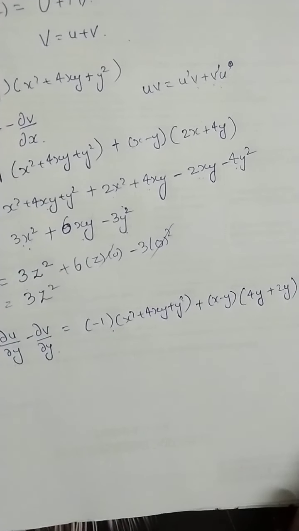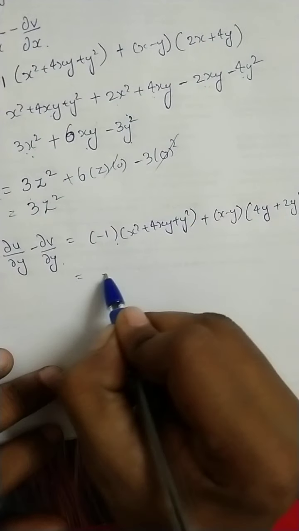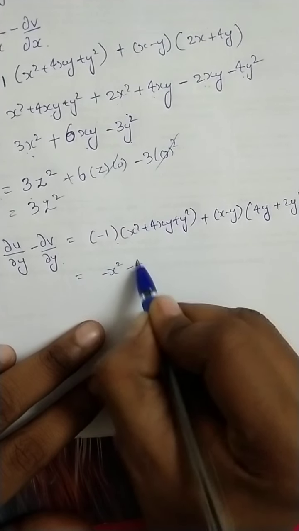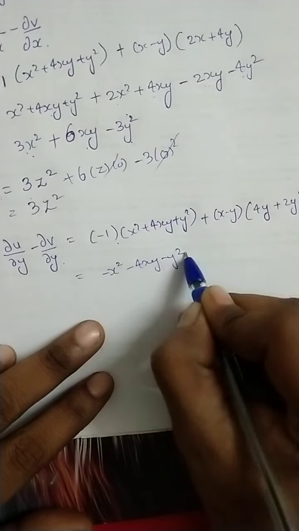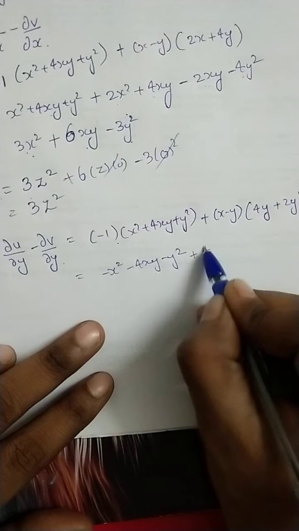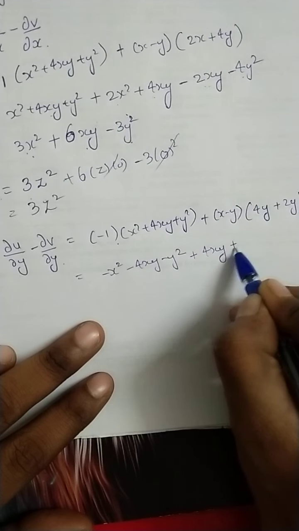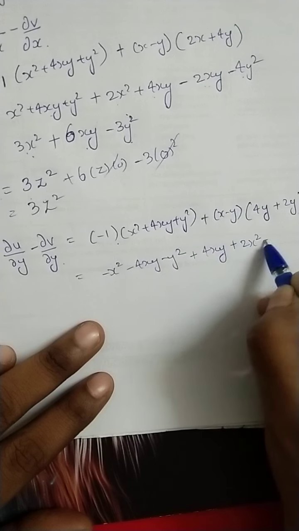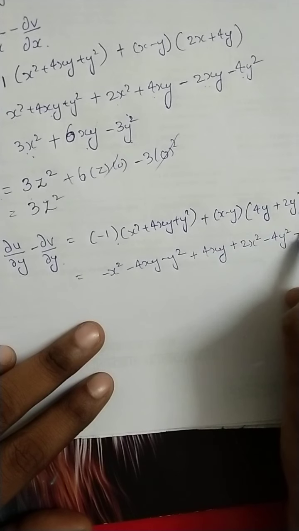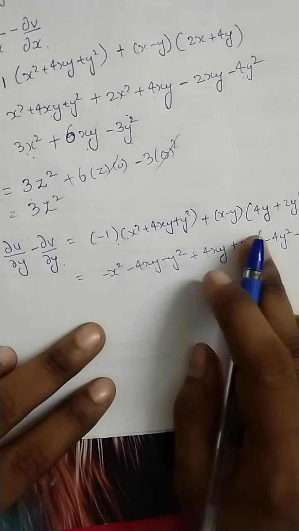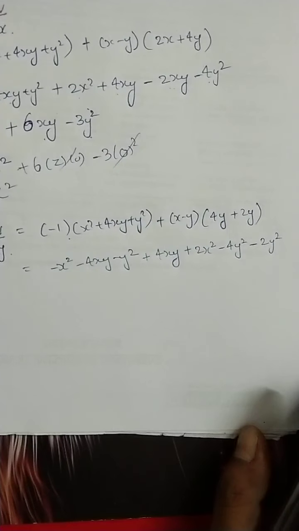So this is our differentiation. Now again we have to multiply the things. So this is x square minus 4xy minus y square, and plus 4xy plus 2x square minus 4y square minus 2y square. Okay, so this is our equation.